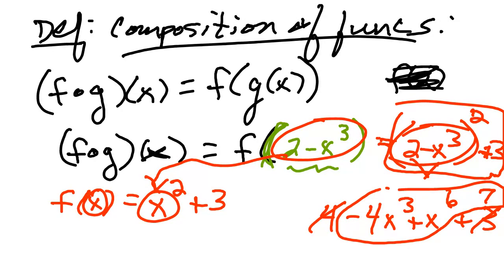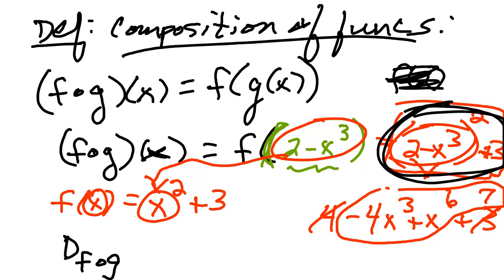But what we do need to do is note the domain of f composed with g. So in this case, we don't really have any issues or problems because the domain of f is all reals, the domain of g is all reals. Is there any problems here? So I always try to eliminate the problems, right?